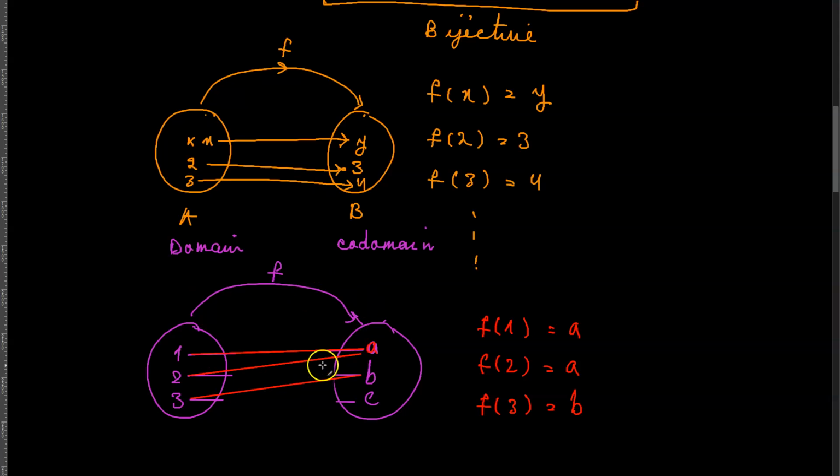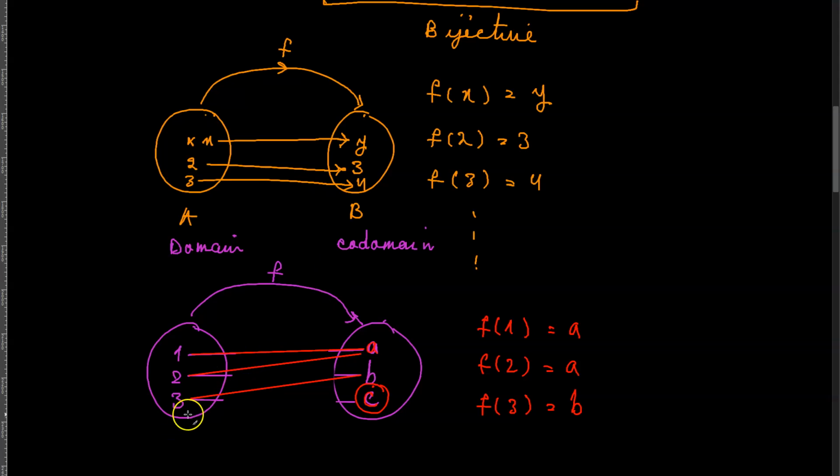So that's one of the conditions. The other condition is that this is not allowed, meaning that C must be the image of some element in the domain of the function. If C is left alone, not the image of some element in the domain, then the function is not onto, it's not surjective, right?